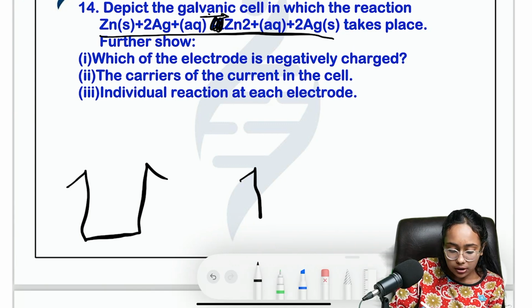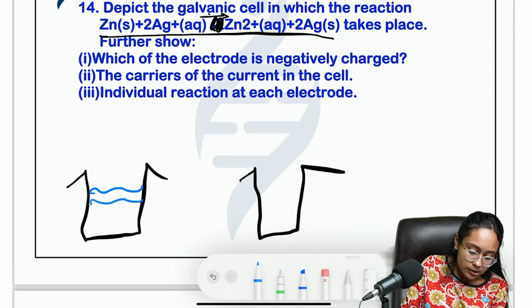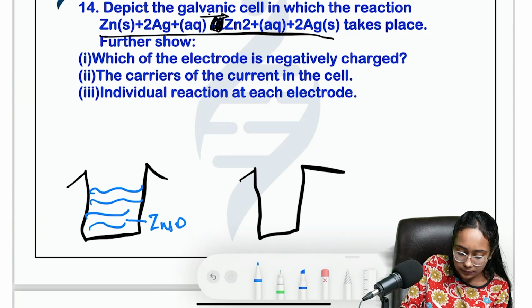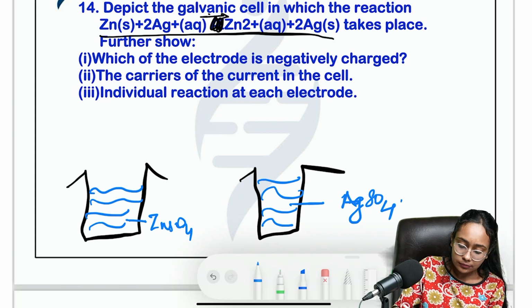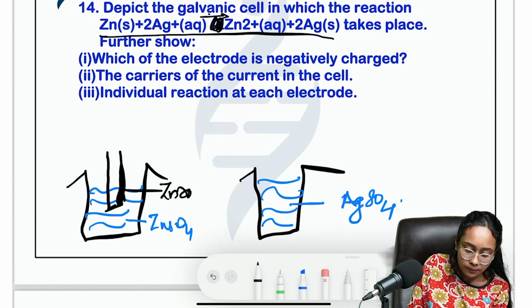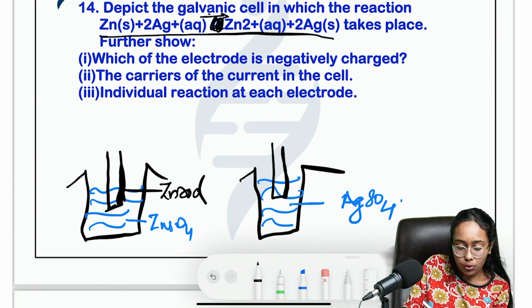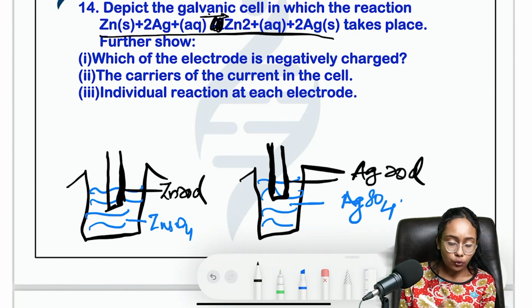We need 2 beakers. In the first beaker, I'm having a solution of zinc sulfate. In the second beaker, I'm having a solution of silver sulfate. I'm dipping the electrode. Which is this electrode? This is the zinc rod. I'm dipping another rod in the second beaker. This is the Ag electrode.